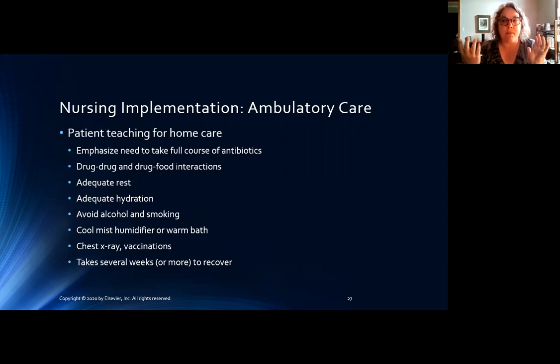Perhaps they're having some unintended side effects from their antibiotics, such as diarrhea, fungal and candida yeast infections, either in their mouth or in other areas, because the antibiotics have taken out too much of the biome to regulate the candida. They need to take the full course of antibiotics, because otherwise that's how the superbugs get developed, because people weren't taking the full course of antibiotics.